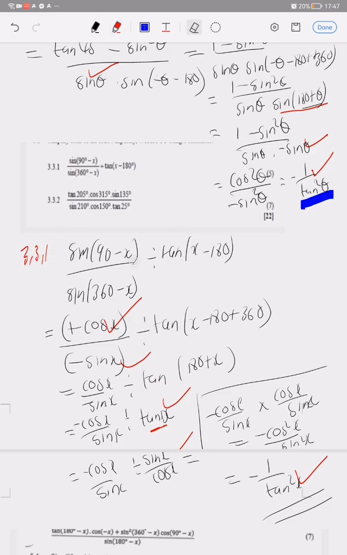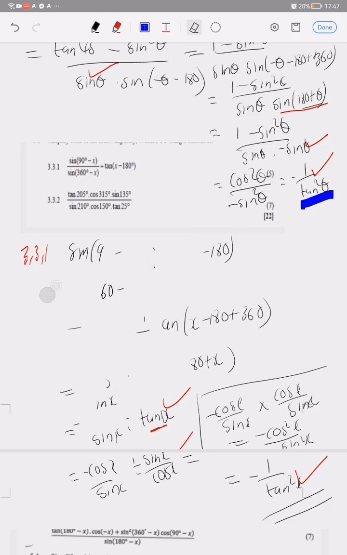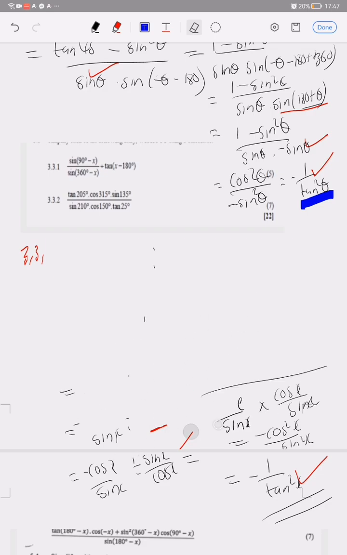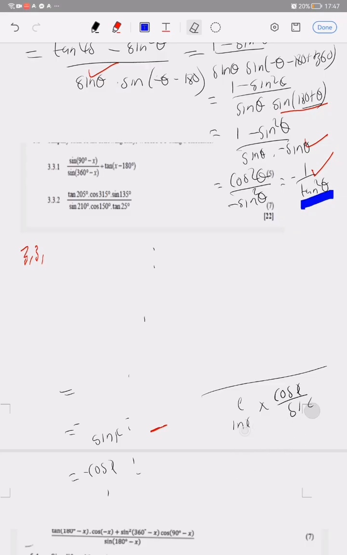Okay, 3.3.2. So what are we having here? This one seems interesting.